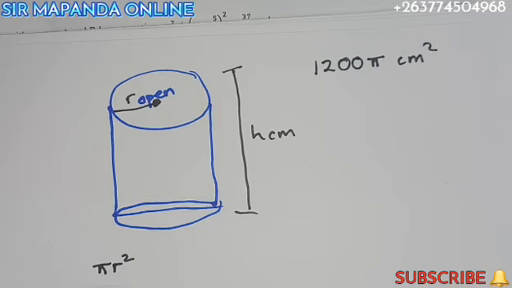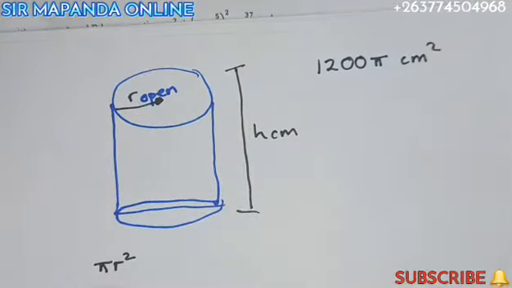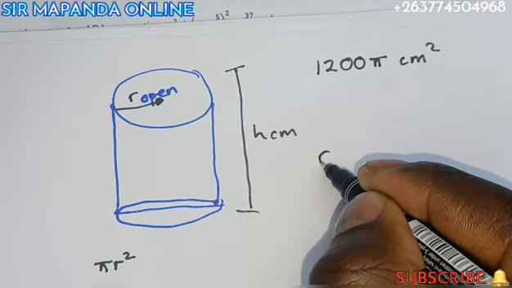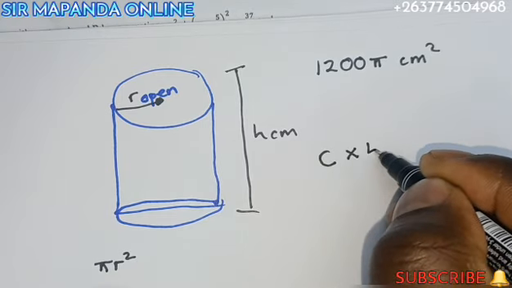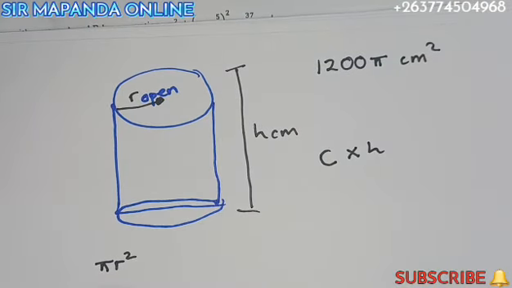It means there is no surface at the top. We only have the circle at the bottom, which is closed, and the first surface is pi r squared. Then the second surface is the curved surface area of the cylinder, which is the right round of the cylinder, found by the formula circumference of the cylinder times the height of the cylinder.